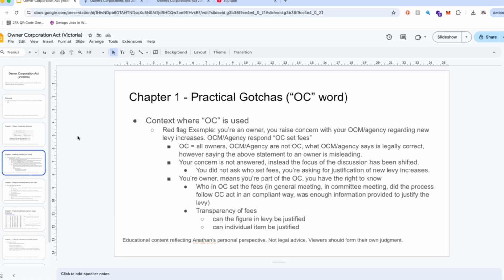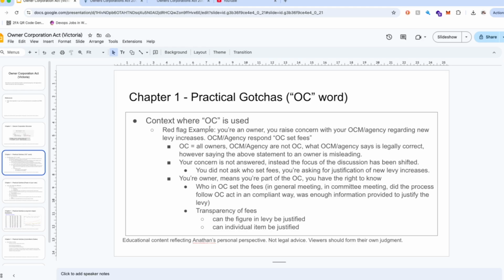So the first practical gotcha I'll go through is the use of the OC word. If you are an owner of a lot in an OC, you should always pay attention to where the OC word is used.